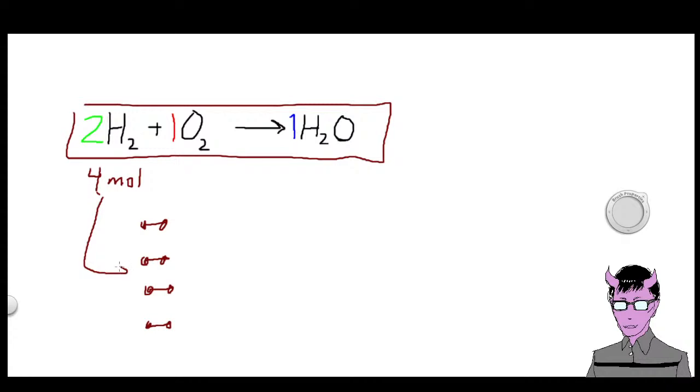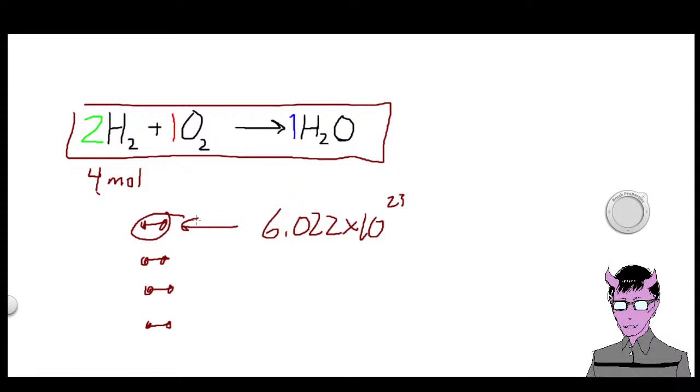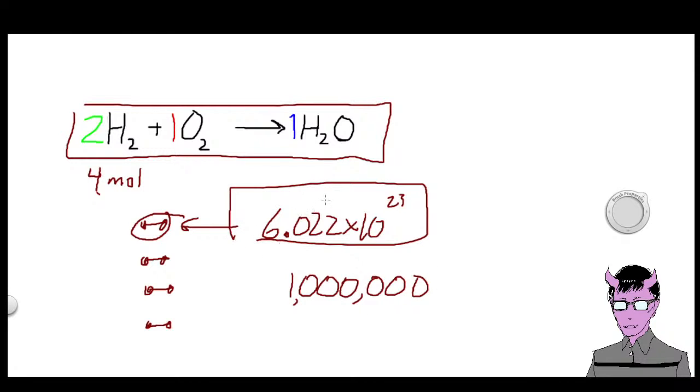It literally means 4 of 6.022 times 10 to the power of 23 of these things, which is a lot. 1 million is already a really huge number, right? This number goes beyond 1 million particles. This is huge, okay?